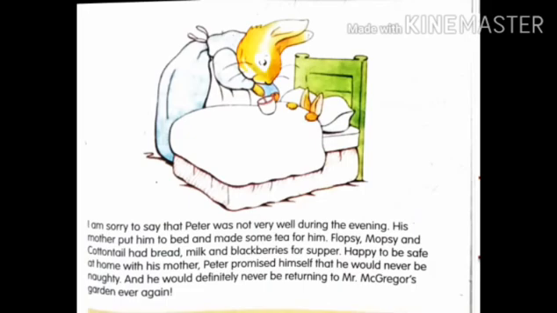And do you think that he will again return to Mr. McGregor's garden? No, because already he faced problems, and we think that he will not like to face the problems again, and he may not escape the next time. So I think that he may not.